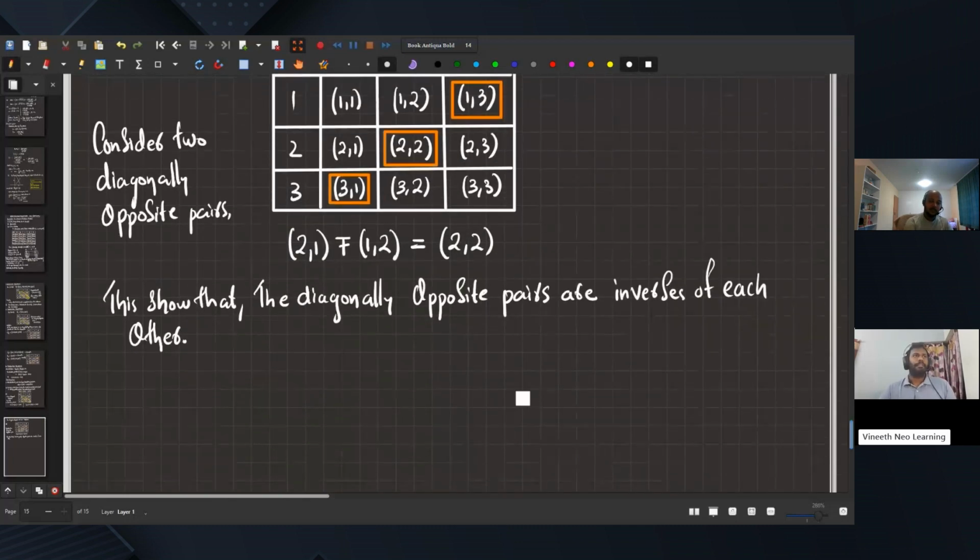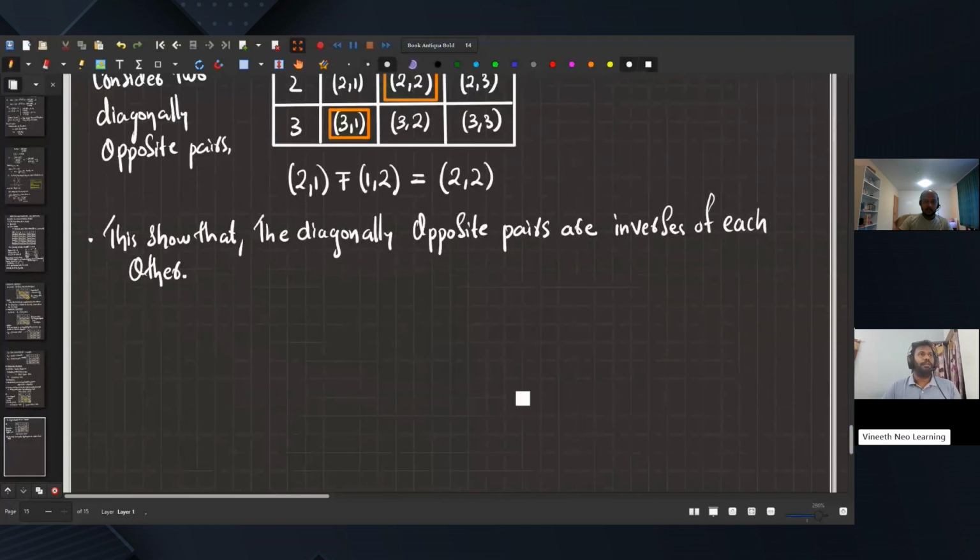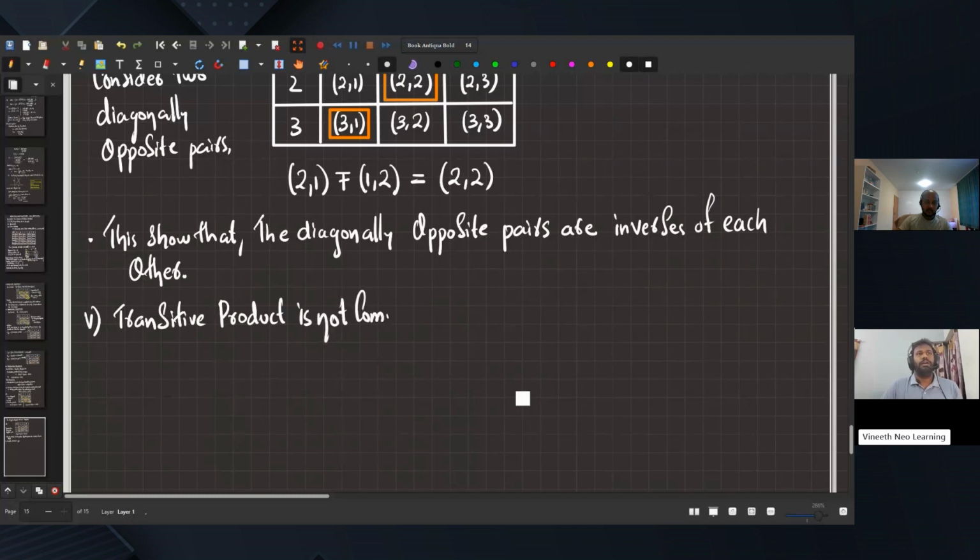And finally, the last property is that the transitive product is not commutative. I mean, that's obvious at this point, right? Let's take the product (2, 1).